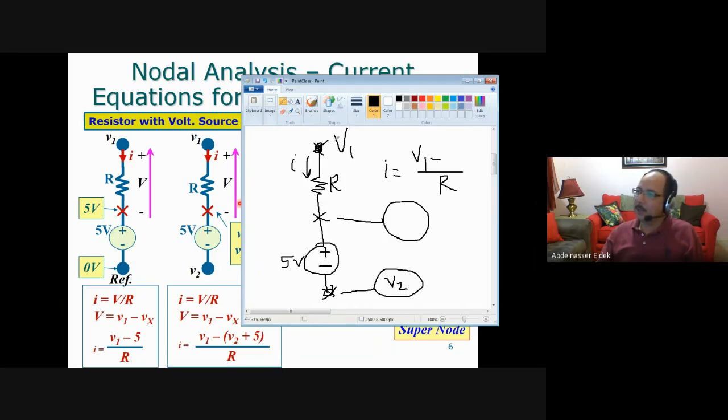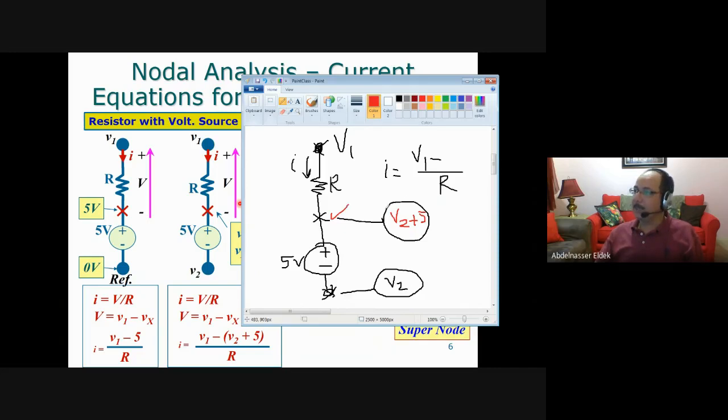Then the voltage at the other node here will be V2 plus 5. Why is it plus? Because it is a positive side. So this one is higher by 5. So it will be V2 plus 5.